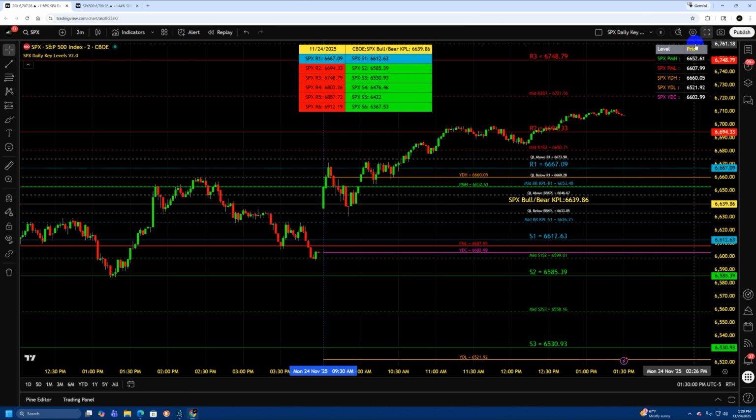Now, these tables that you see here are also useful depending upon how you like to have your chart laid out. These particular tables here can be independently controlled, both as far as size and also their position on the chart. They can also be independently controlled to either turn them on or off.